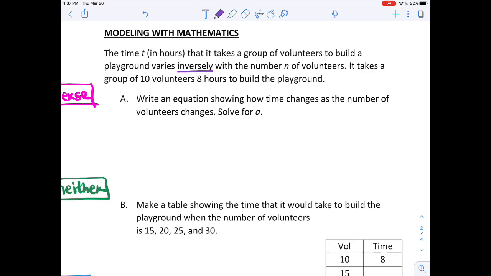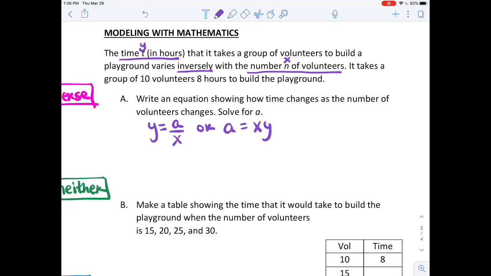We have y is equal to a over x, or a is equal to x times y. However, in this particular example, we are using t and n, the number n for number of volunteers. So our x value is n, our y value is going to be substituted with t.